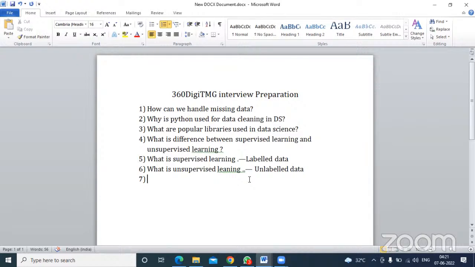When I say labeled data and unlabeled data, that means our data is with a label, or has no label on the data set. In simple words, we have Y in supervised learning and there is no Y in unsupervised learning.